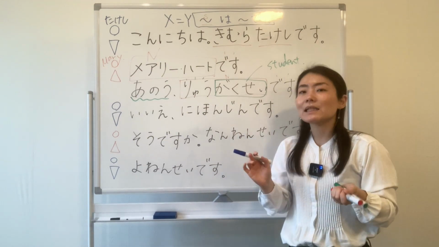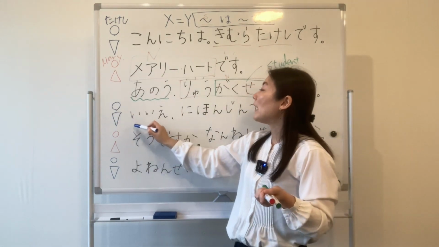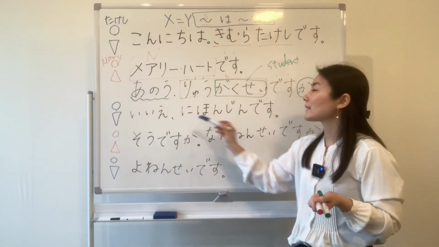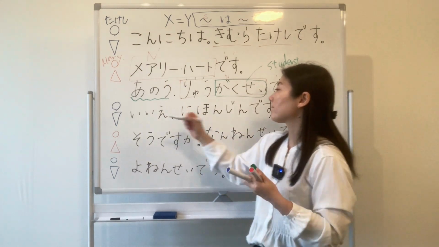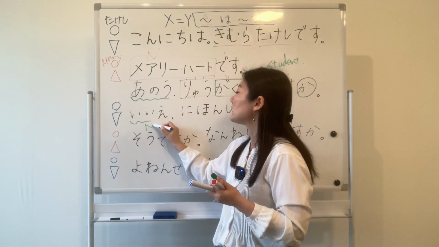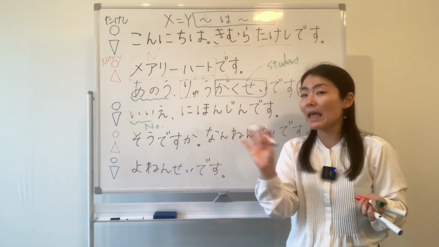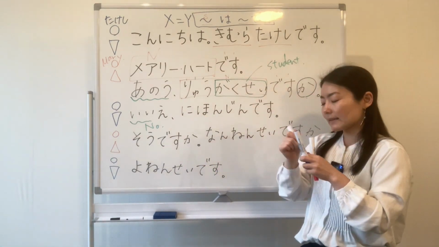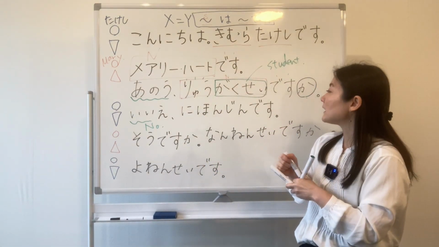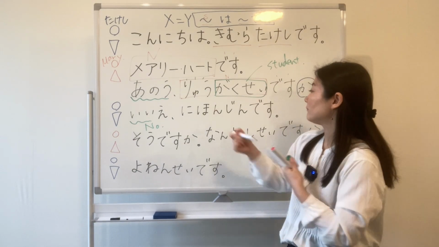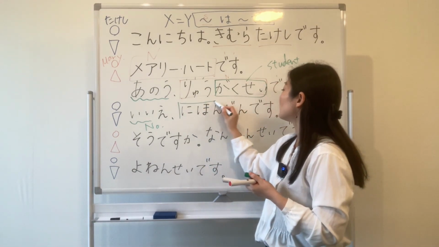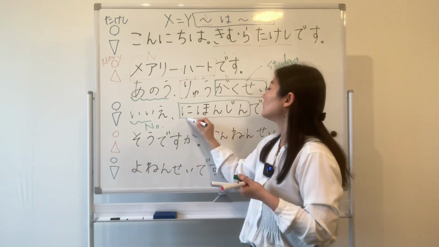Then, Takeshi-san answered, いいえ、日本人です。So, this いいえ means no. 日本人. This is noun.